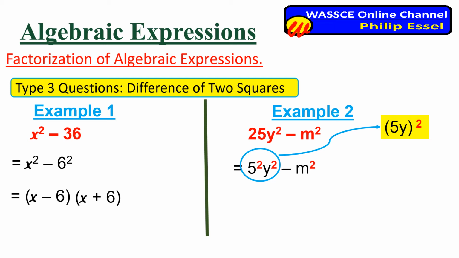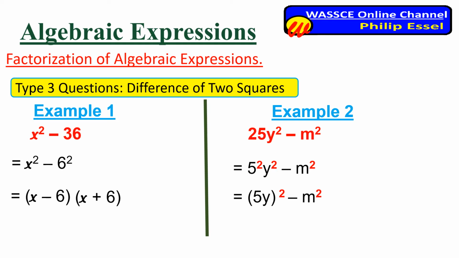So we're going to rewrite the expression, and this time we are going to replace the 5 squared y squared by 5y all squared. Right, so this is what we're going to do. When we do that, we would get 5y all squared minus m squared.